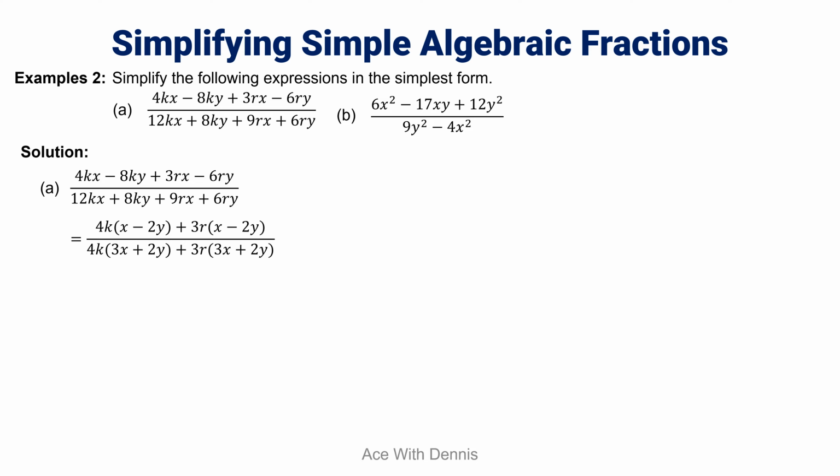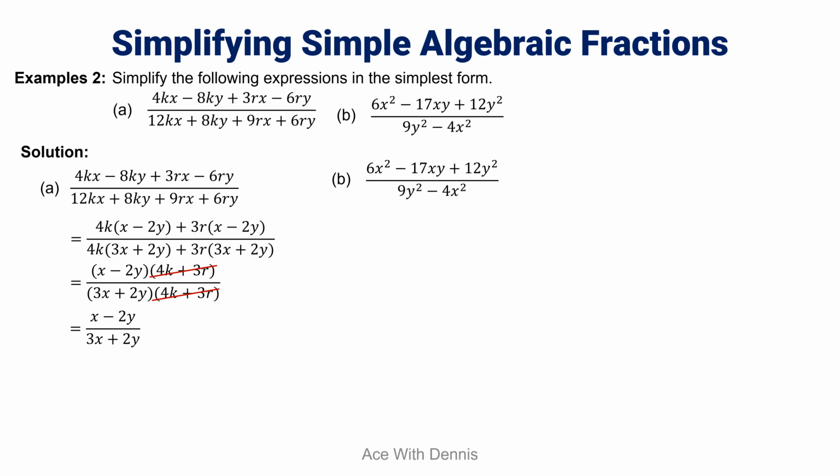And from here, we can see that in the numerator, the common factor is x minus 2y, and the common factor for the denominator is 3x plus 2y. So we can factorize these common factors. We'll have x minus 2y times 4k plus 3r over 3x plus 2y times 4k plus 3r. And from here, we can cancel out the 4k plus 3r, and the answer is x minus 2y over 3x plus 2y.